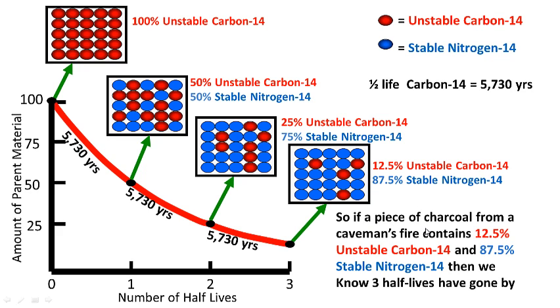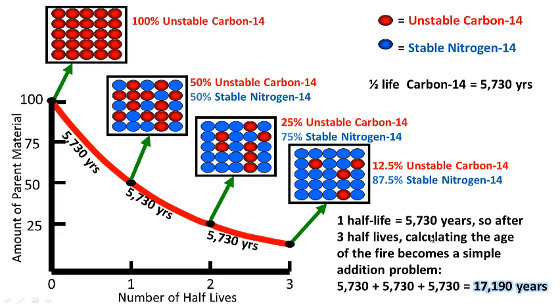So if a piece of charcoal from a caveman fire contains 12.5% unstable carbon-14 and 87.5% stable nitrogen-14, then we know 3 half-lives have gone by. 1 half-life is equal to 5,730 years, so after 3 half-lives, we can calculate the age of the fire. It becomes a simple addition problem: 5,730 plus 5,730 plus 5,730 gives us an age of the piece of charcoal in the fire of 17,190 years.